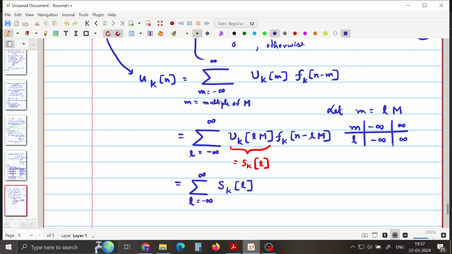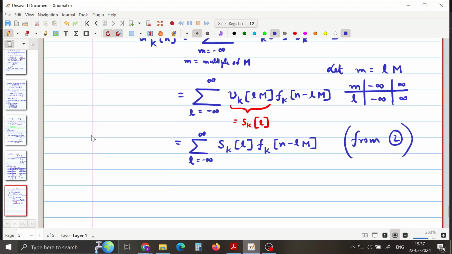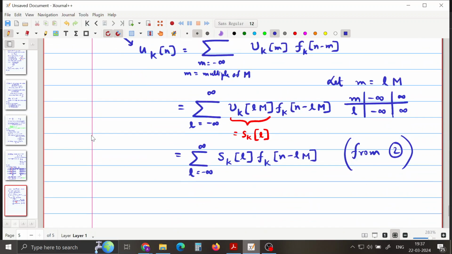So this is sk of l, fk of n minus lM, and I have used equation 2 to write this. Okay, so this is what we are getting as a form of uk of n.